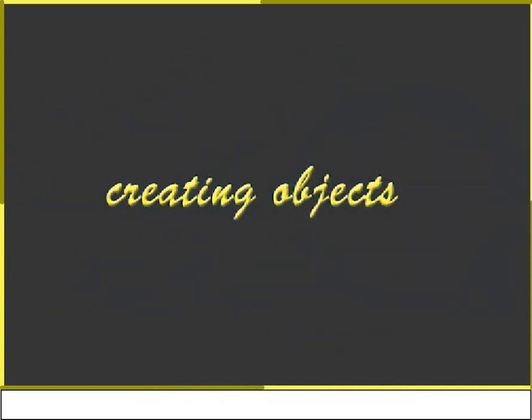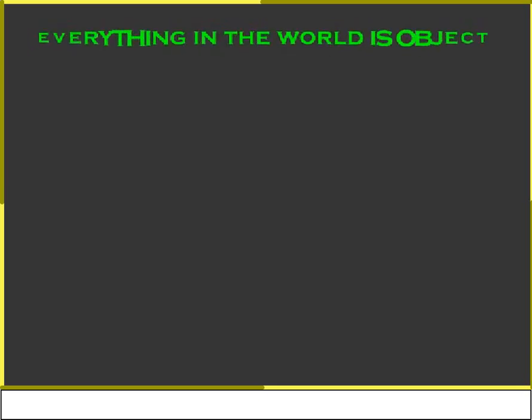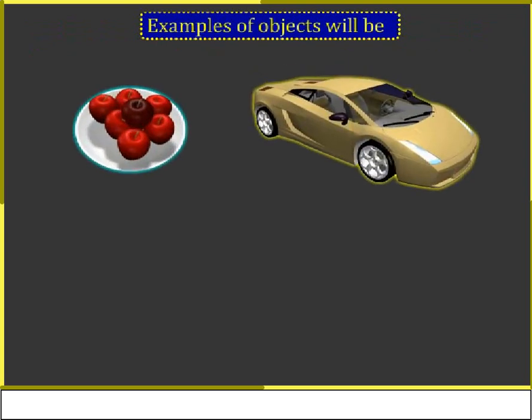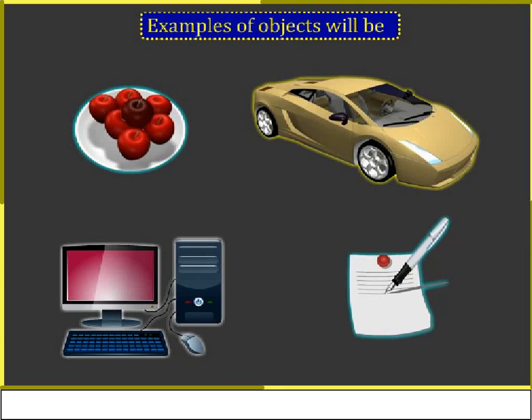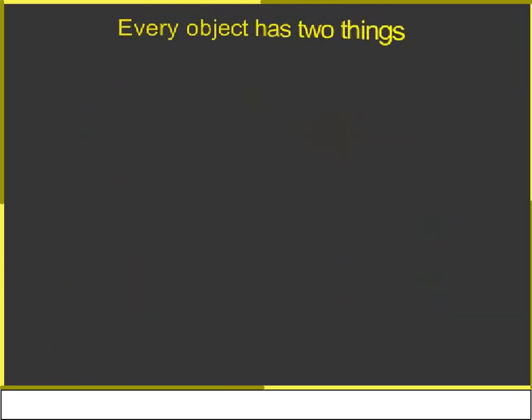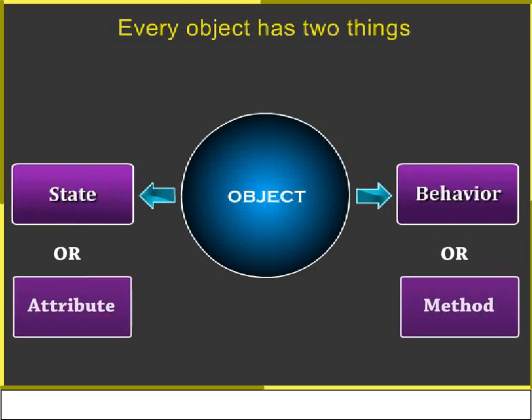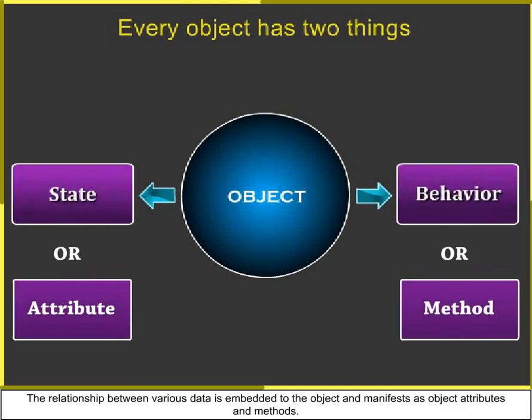Creating objects. Everything in the world is object. Examples of object will be... every object has two things. The relationship between various data is embedded to the object and manifests as object attributes and methods.